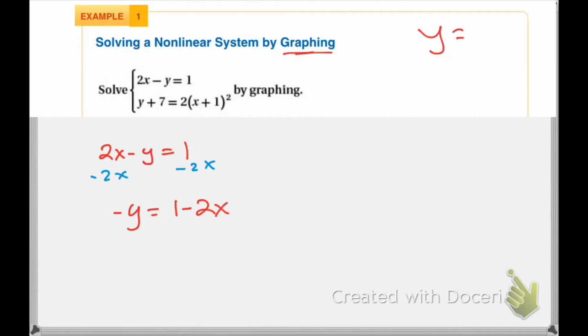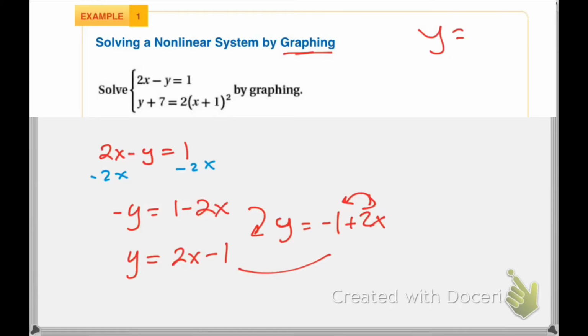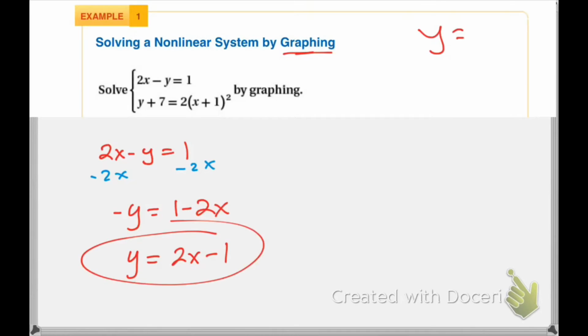I'm going to multiply both sides by negative 1 to get y equals, and I'm going to swap these around a little bit, 2x minus 1. Because what you get is y equals negative 1 plus 2x. So I just swap those two to get that. So that's my first equation. I'm going to circle it because it's important.